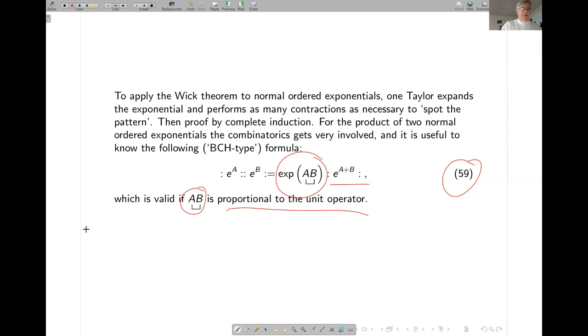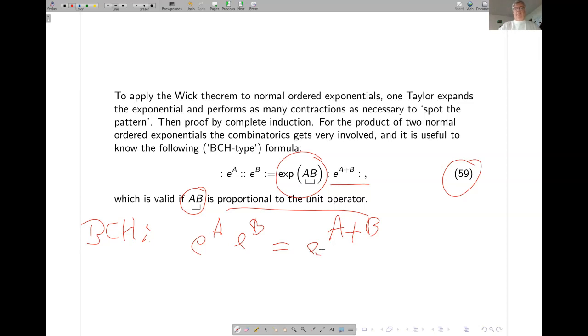Just to remind you or tell you about Baker-Campbell-Hausdorff formulas. If we just have scalar quantities a and b, then the functional equation of the exponential function tells us that e to the a times e to the b is e to the a plus b.